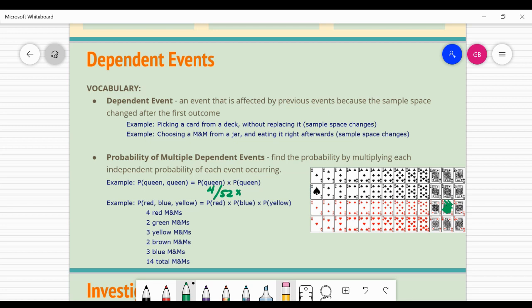So when you pick the second queen, that card is not there anymore. So there are not 4 queens left, there are only 3 queens left. And there are not 52 cards, there are only 51 cards. So this is an example of dependent events where the sample space changes. So now you multiply these fractions. 3 times 4 is 12, and then 52 times 51, that's 2,652.